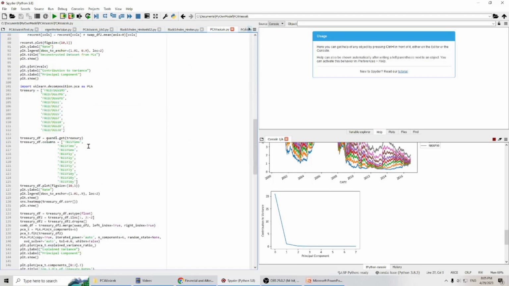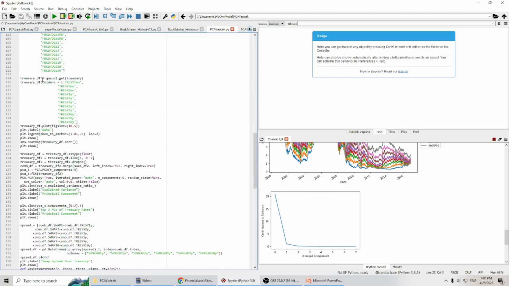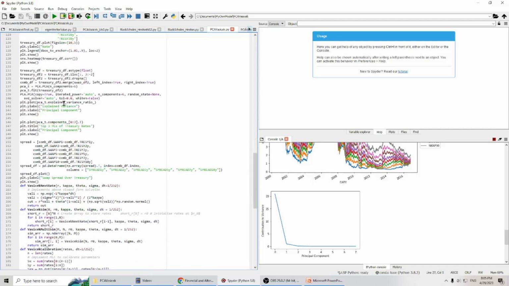And after that, I will do the same thing for the Treasury rates, and also for the spread between swap rate and Treasury rates.